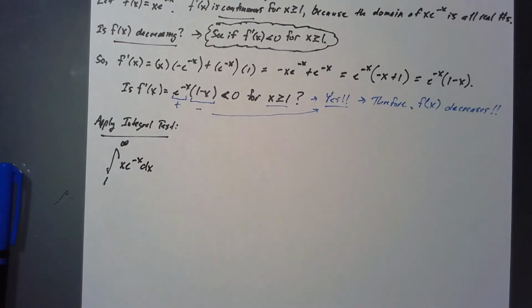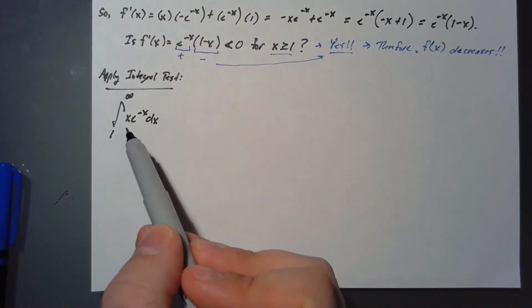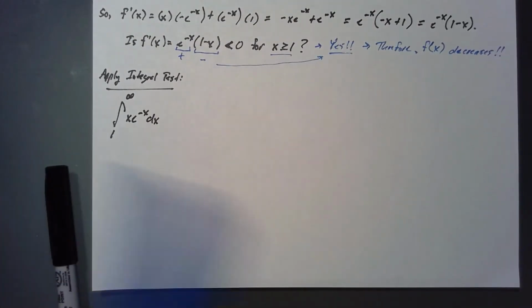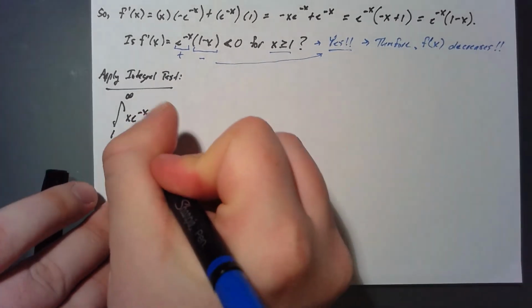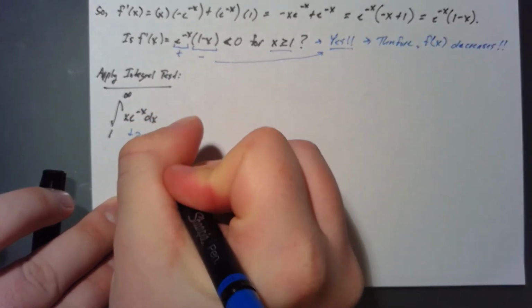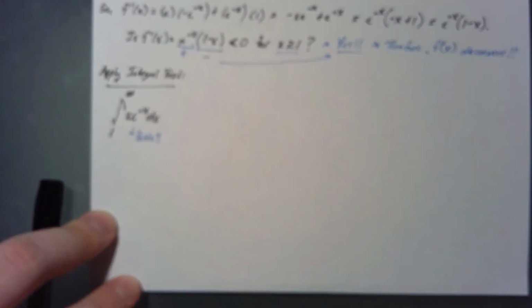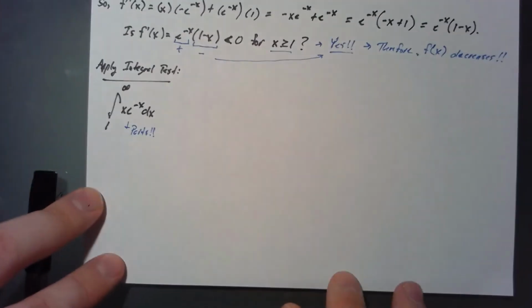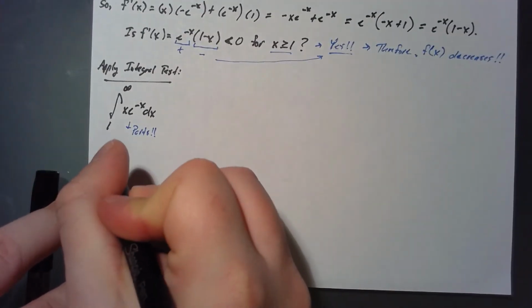So I already mentioned this. How do you integrate this? Integration by parts. If you forget how to do that, set up your table.